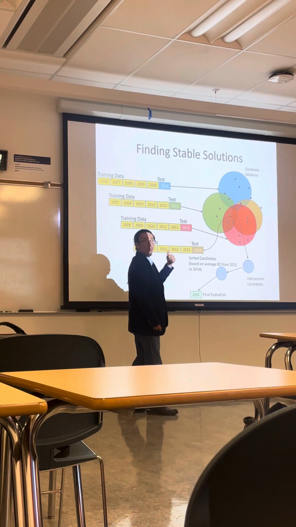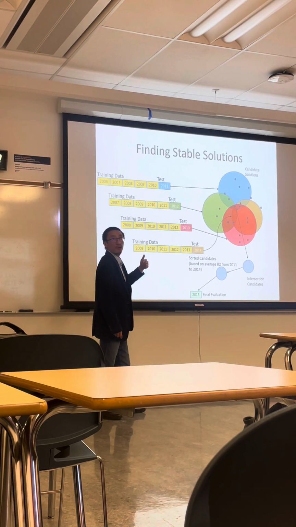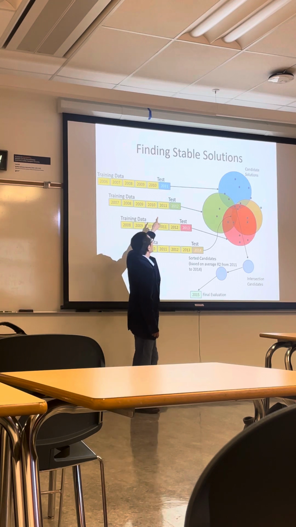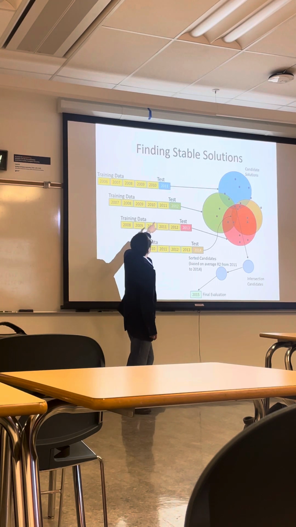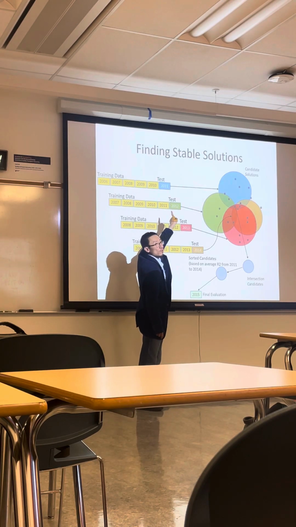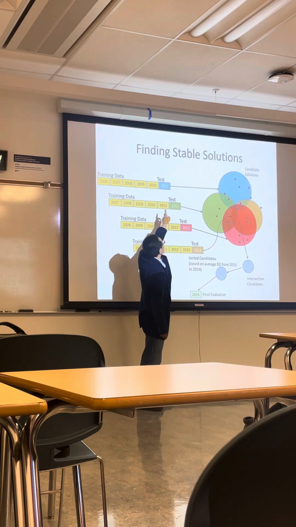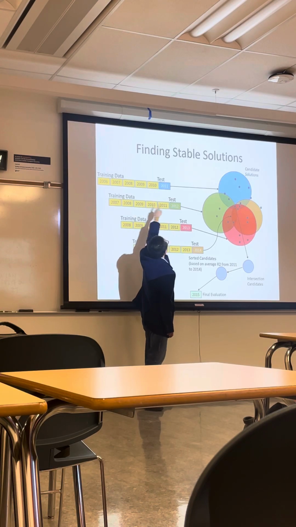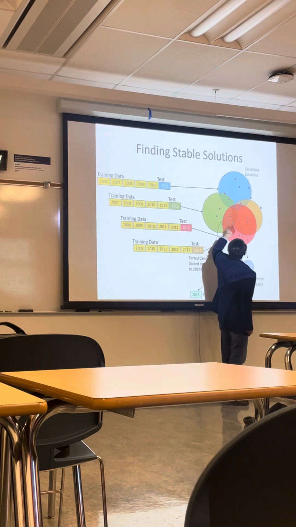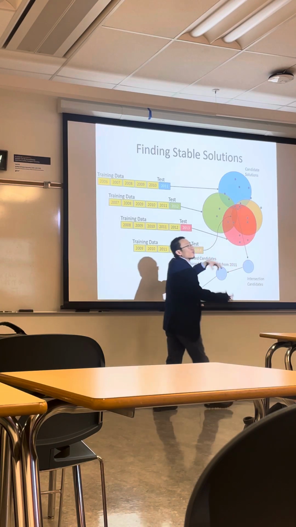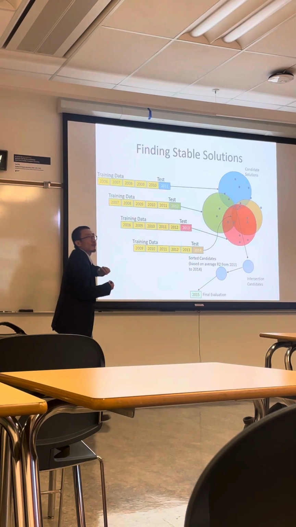If the one is reliable, it should always give good results, right, for different years. So if the candidate from the first one is really working, then that should be working for all those different things. So we are trying to find overlapping.